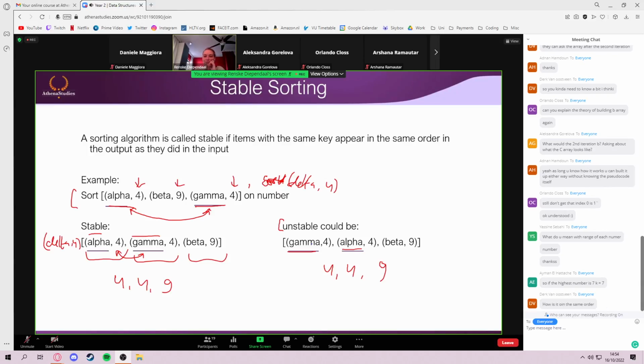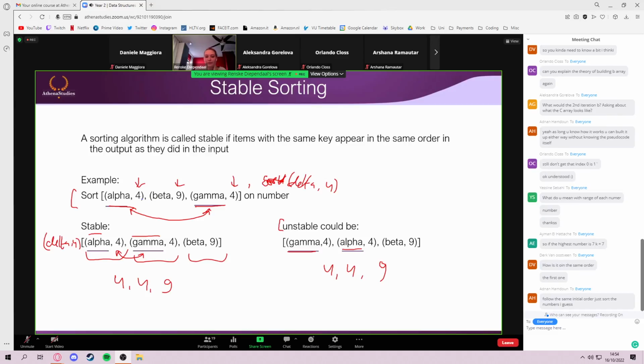Yeah, okay. How is it the same order? Right, so over here we have alpha was first, and then, okay, it's not that they have to appear in the same order over here, but within the sorted parts, so within the number 4, they have to occur in the same order as they did in the input. So here we had alpha before gamma.